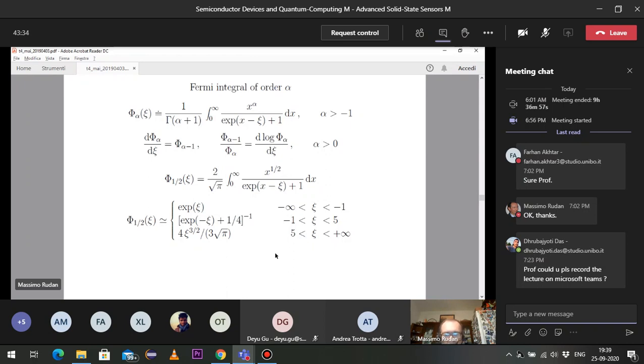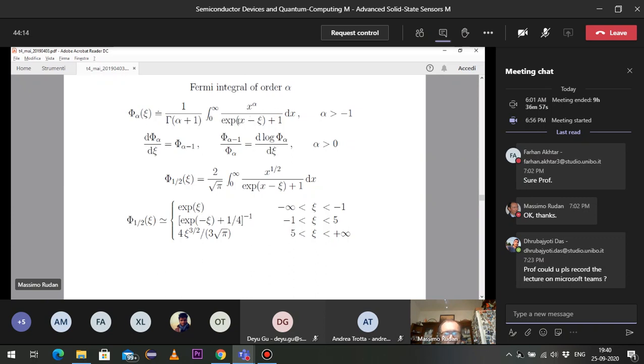If the argument psi is sufficiently negative, meaning psi must be smaller than minus 1, then the Fermi integral can be approximated as the exponential of psi. And this is visible immediately, even if you take the general definition. If psi is smaller than minus 1, minus psi is larger than 1.